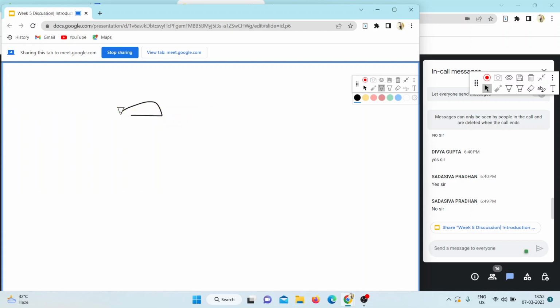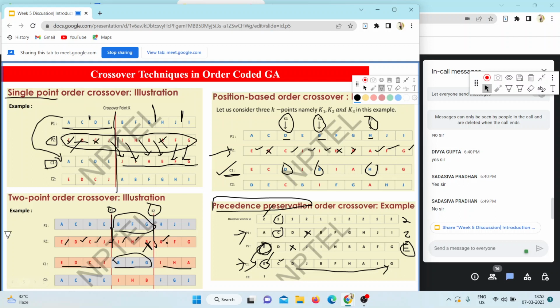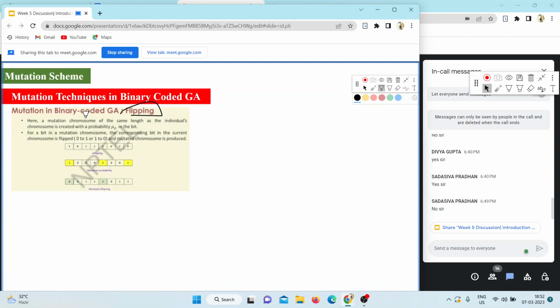Let me also tell you one thing: here you have 4 crossover schemes. If your question does not say which crossover scheme to use, go with the simplest crossover, that is single point crossover. Similarly in mutation, if nothing is given, like in our previous GA question where nothing was given for mutation, we choose the simplest mutation, that is flipping.